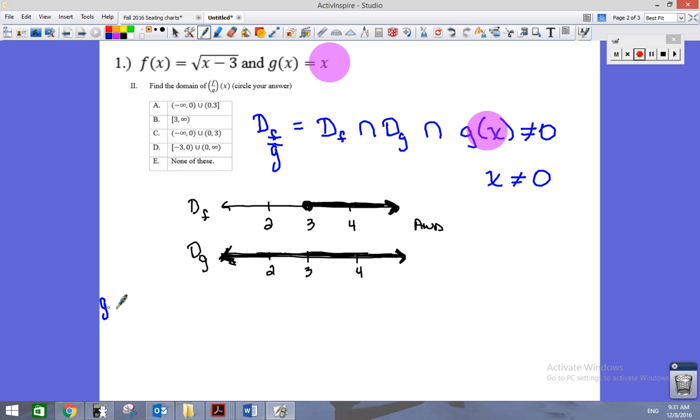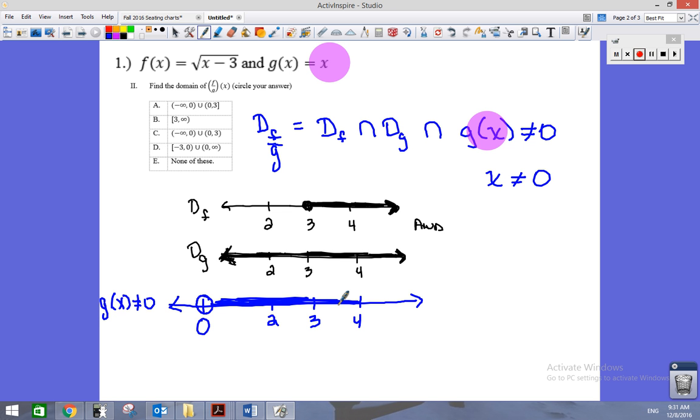The values of g of x that we can use that will have an output that is not 0 is to exclude the value x equals 0. Well, x equals 0 is to the left of 2. It's over here somewhere. Okay, and then here's the 2, the 3, the 4 on my number line that I have on here. So I want to exclude that value, but everything else is okay.